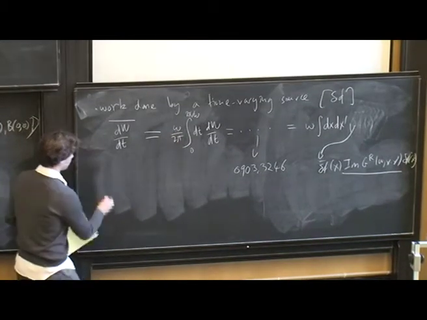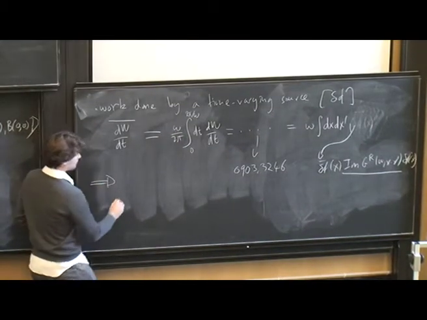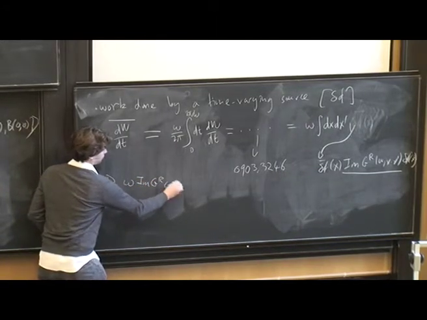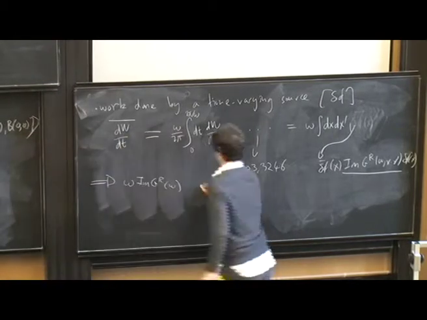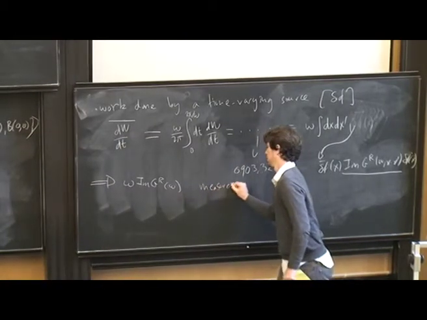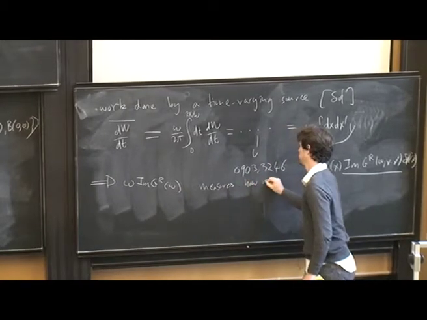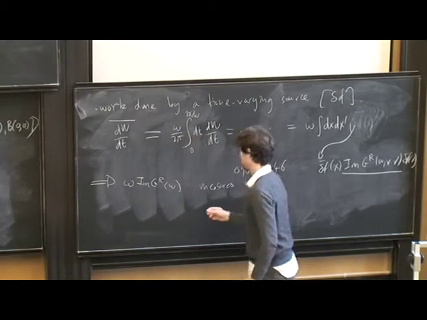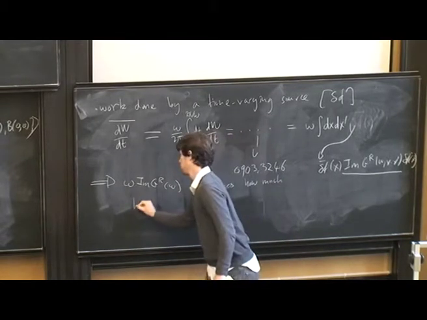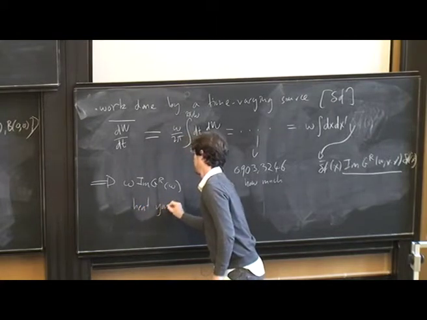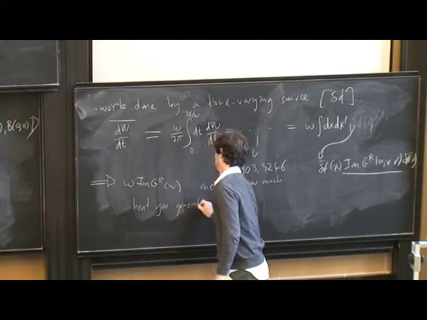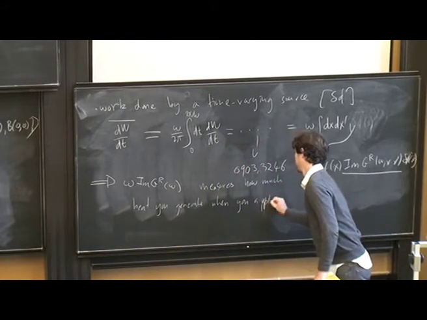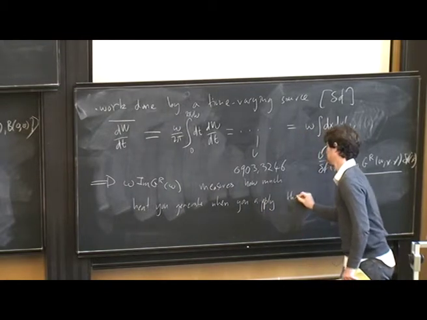Okay, so the main point about this is that the frequency times the imaginary part of the retarded Green's function measures how much work you have to do, which is actually the same as how much heat you generate when you apply the source.